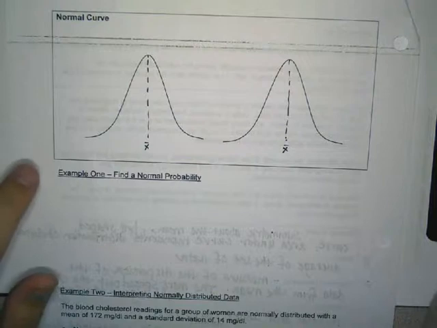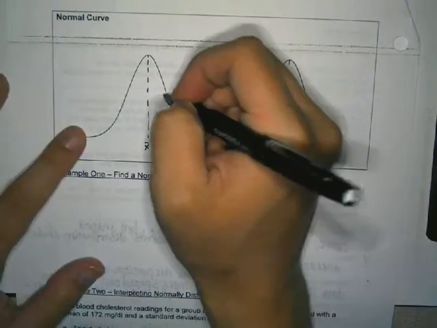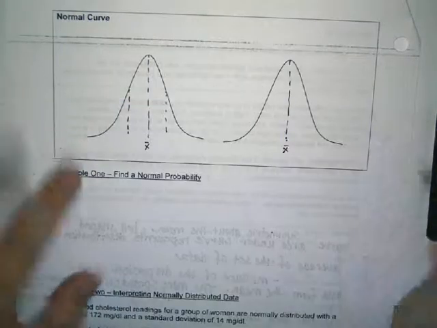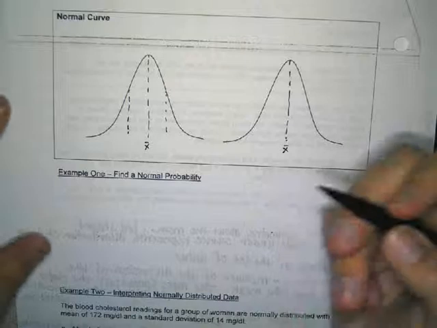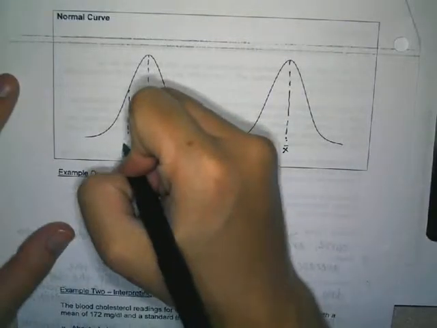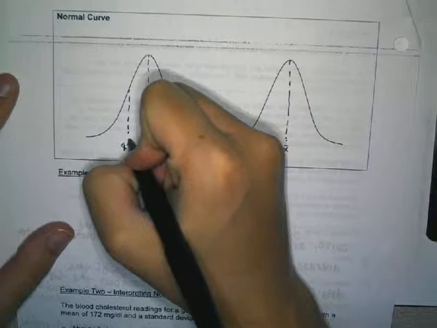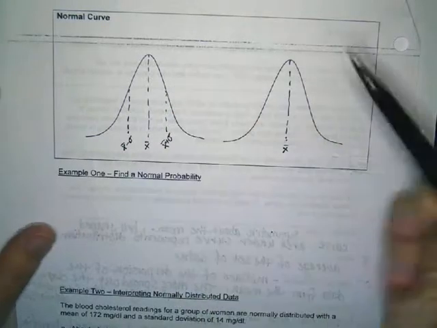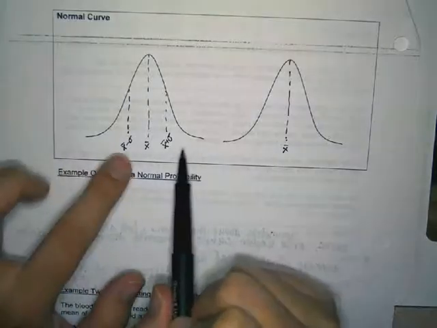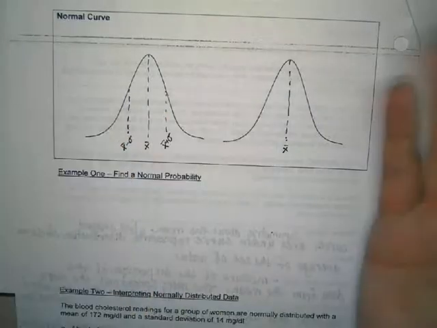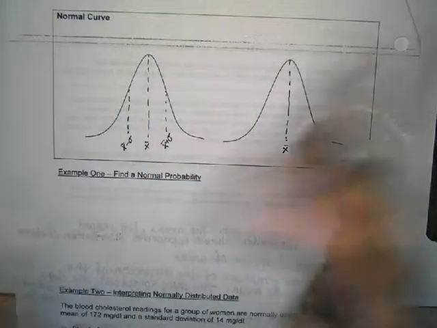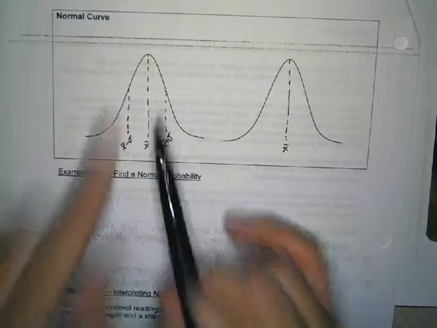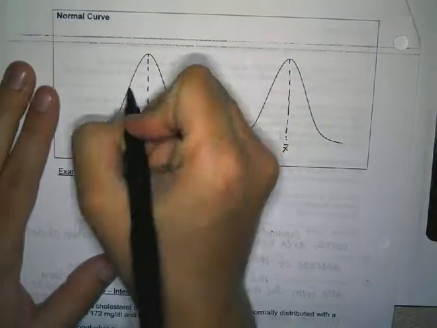So about right here, draw your next dashed line down, and this is going to be your mean minus 1 standard deviation and your mean plus 1 standard deviation. So remember, the standard deviation is how spread apart your data is. It's a measure of that. So you're going to add and subtract to find that chunk of area. That represents where 68% of your data lies.